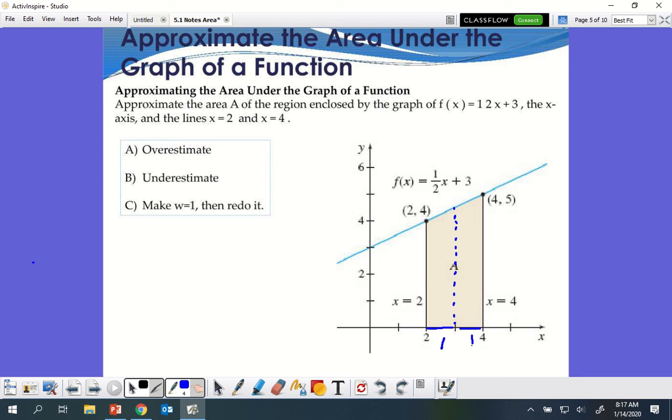So now what did I just do there? I made it smaller rectangles. Do you think that would be closer to the right answer? Okay, so now let's try it with the left hand. I would like you guys to try it yourself right now with the left hand.